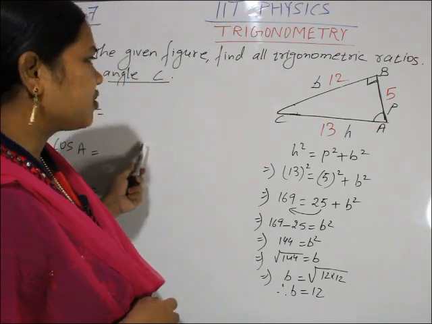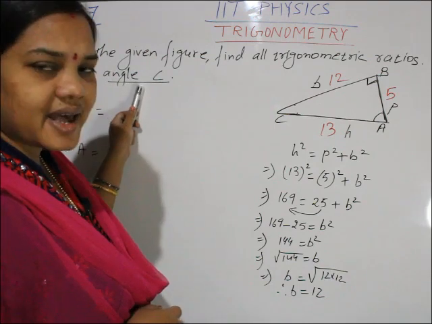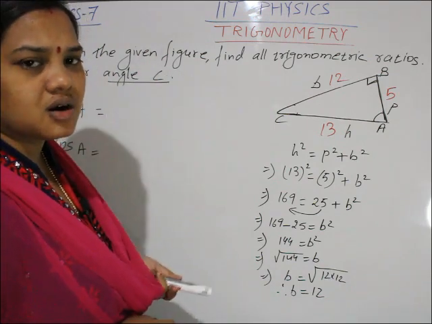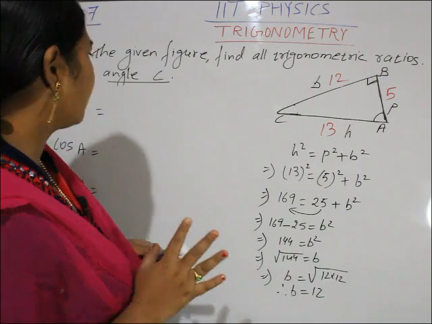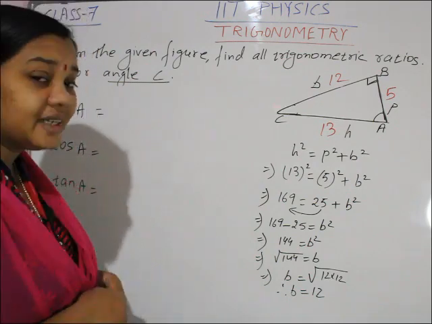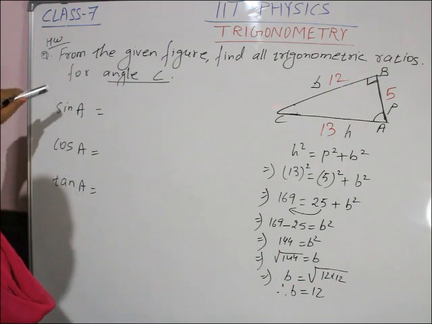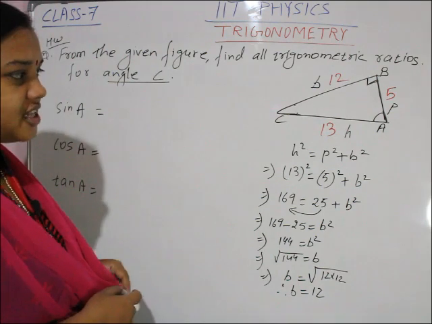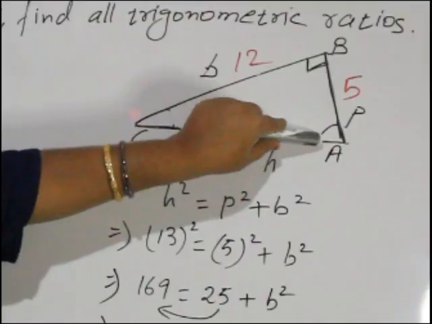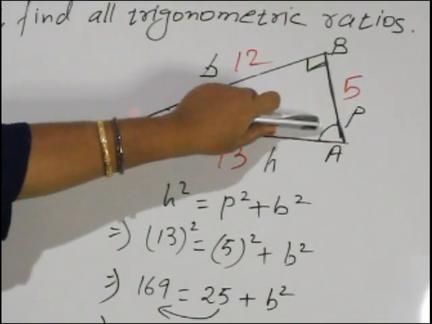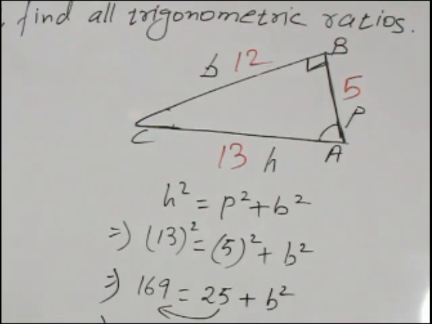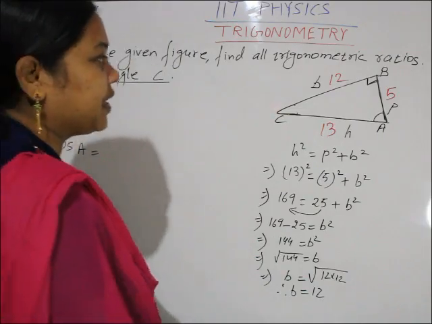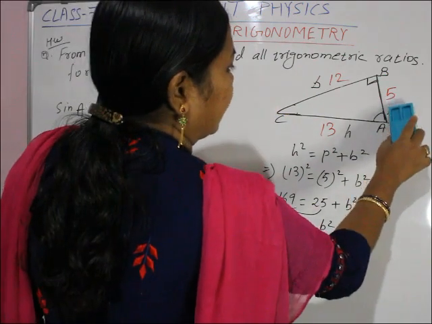Before, we calculated according to angle C as the angle of reference, and we found sin C, cos C, tan C, all the trigonometric ratios. But here you have to calculate sin A, cos A and tan A, which means your angle of reference has changed to angle A. So if the angle of reference changes, your P and B positions will also change.